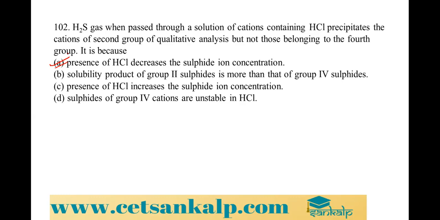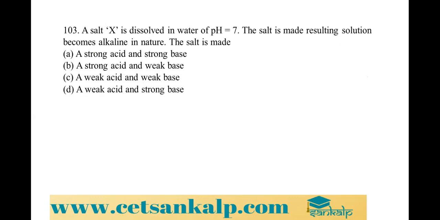Next, question number 103. A salt X is dissolved in water of pH equal to 7. The salt is such that the resulting solution becomes alkaline in nature. The salt may be. Right. Next. So the answer will be a weak acid and a strong base, option D. Right.